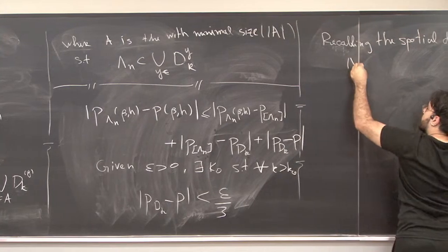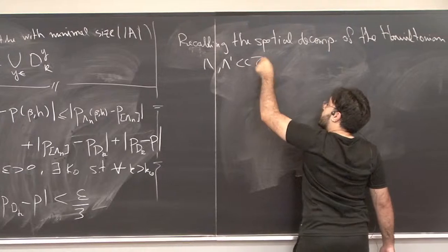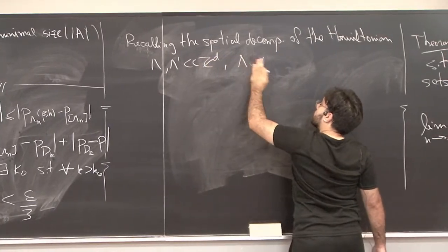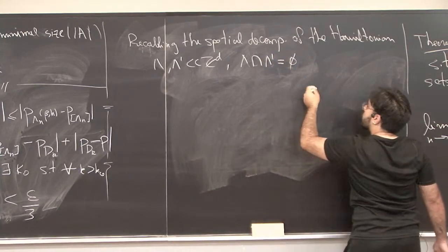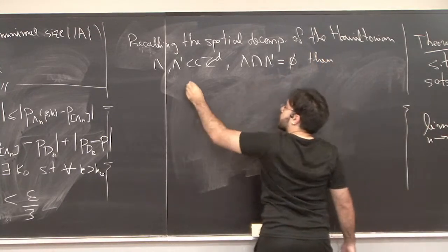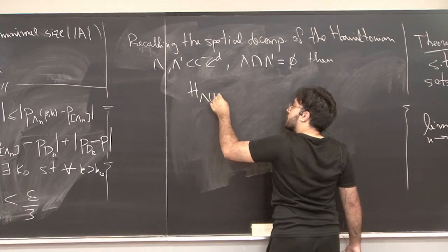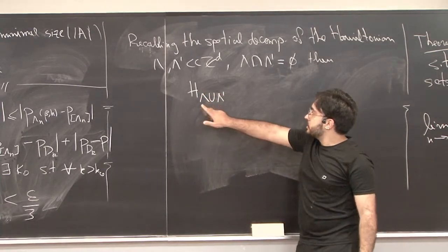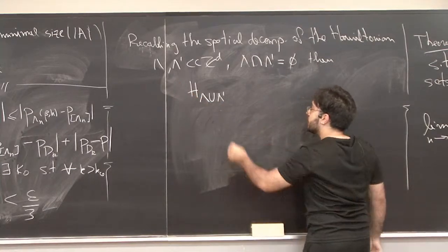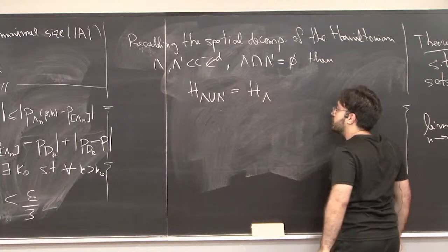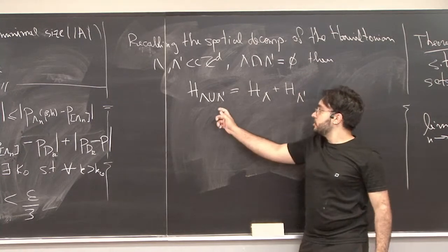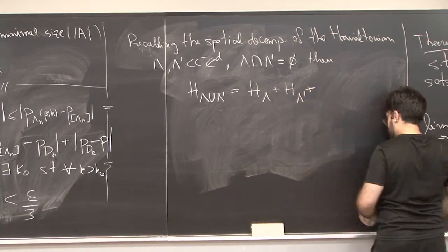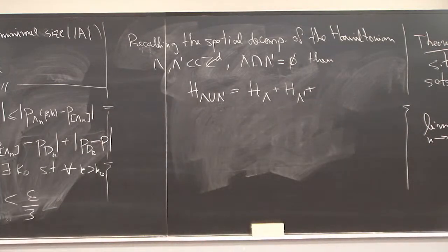That means that if lambda and lambda prime are two finite disjoint subsets of ZD, then H of lambda union lambda prime, the energy in the region composed by the union of these two regions, is equal to the energy inside lambda plus the energy inside the other region lambda prime plus a term that corresponds to the interaction between the regions.